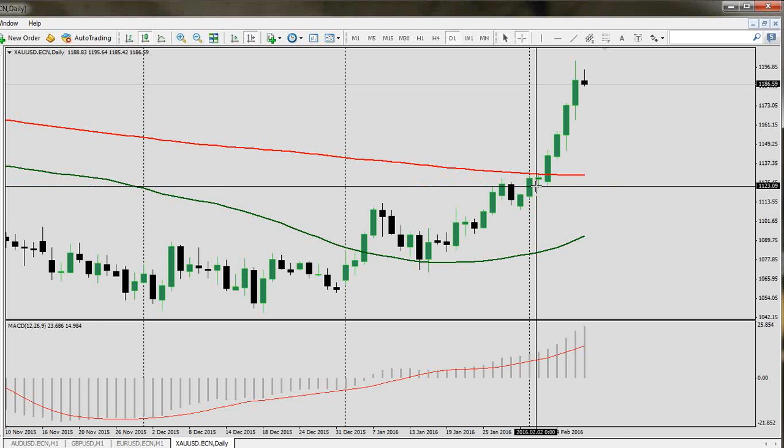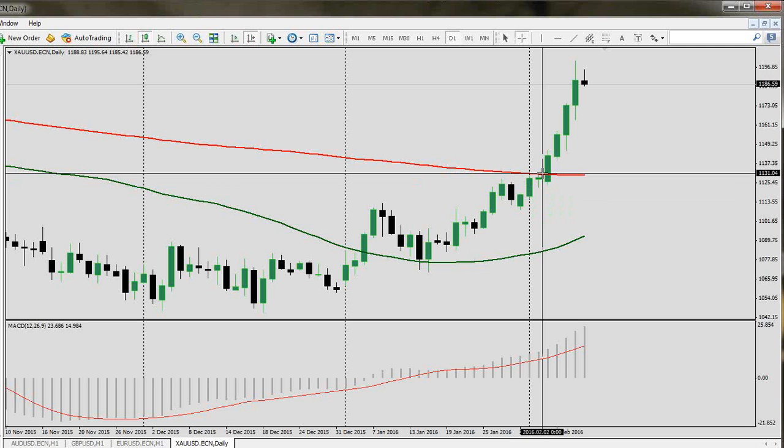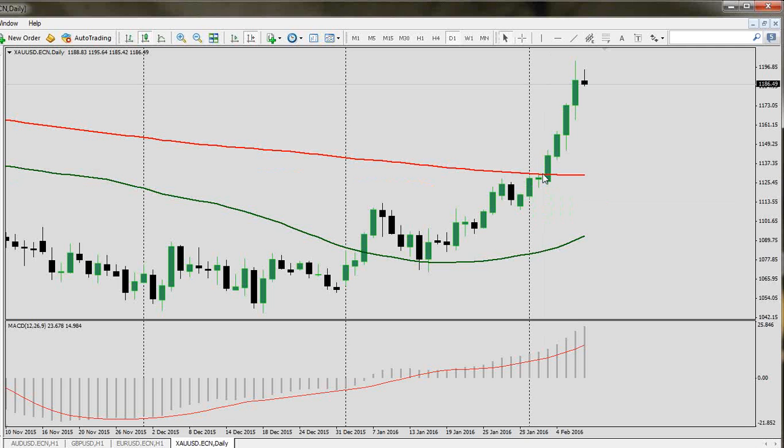I'm referring to the candlestick of the 2nd of February. So if you look at it, that has been accomplished so far.